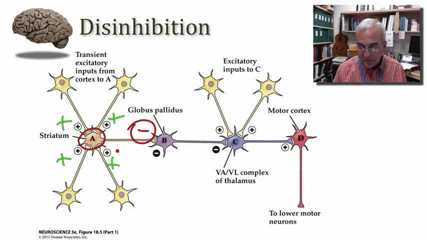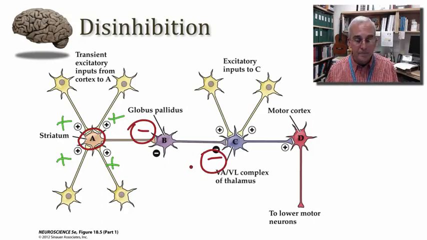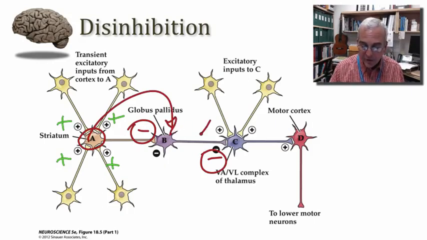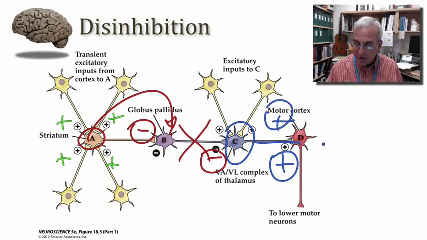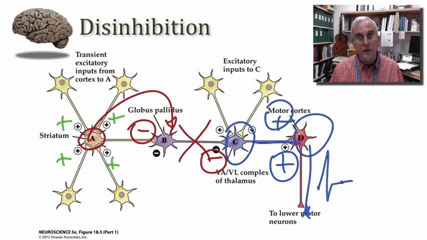Since the globus pallidus itself is releasing an inhibitory neurotransmitter on the thalamic neuron, then activity in the striatum is going to shut down the activity of the globus pallidus. And if we remove the inhibition of the globus pallidus on the thalamus, well, I hope you'll understand that that means that this thalamic neuron is going to release neurotransmitter and drive activity in the motor cortex that then can lead to the generation of action potentials down the cortical spinal tract.